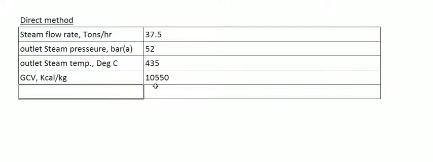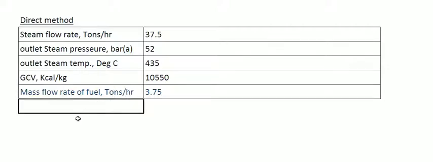And the mass flow rate of fuel is 3.75 tons per hour. So these are the data we took from the field. That is enough for us for calculations.